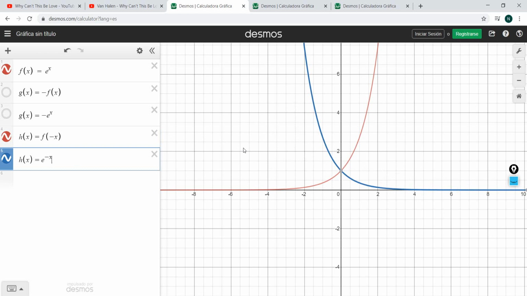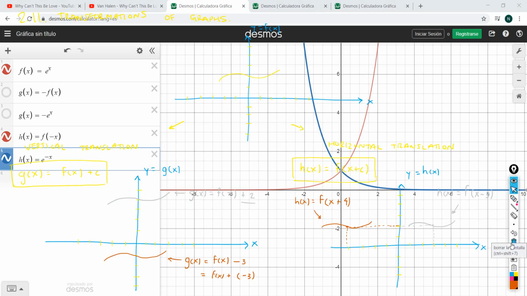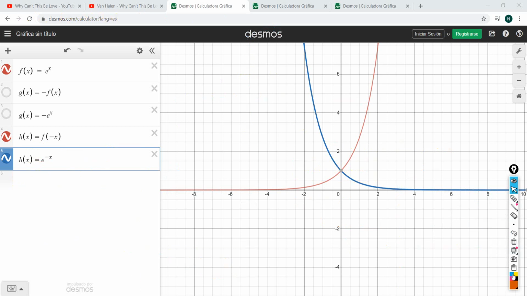Okay, so basically, what's happening here? What is the takeaway? The takeaway is this. If you know the graph of a function f, and let's suppose it looks, I don't know, like a parabola or something, whatever, it doesn't matter.